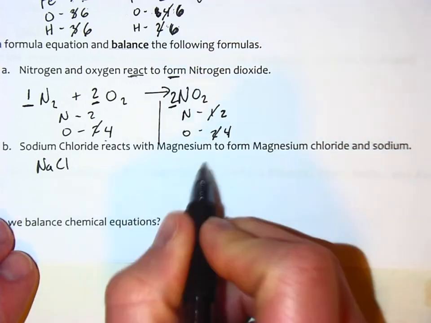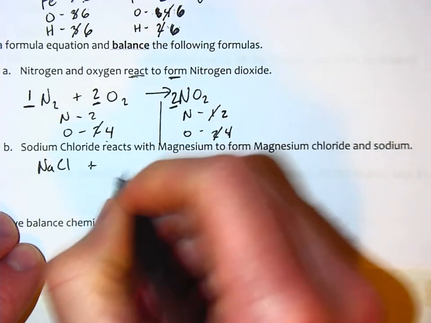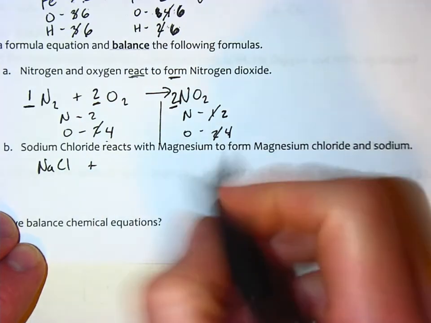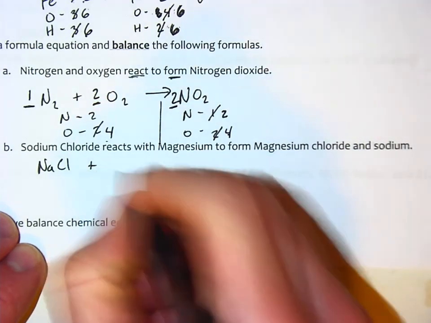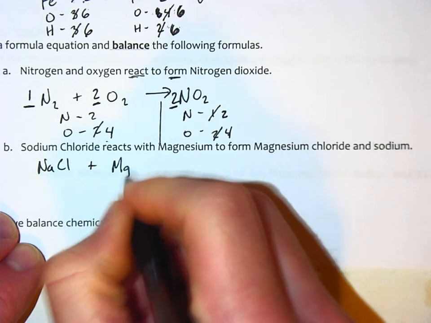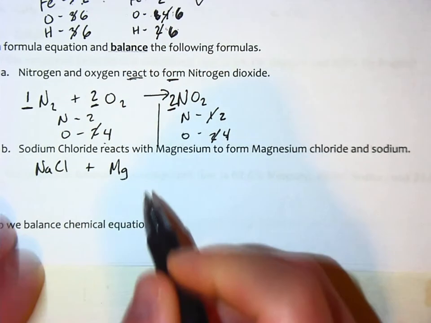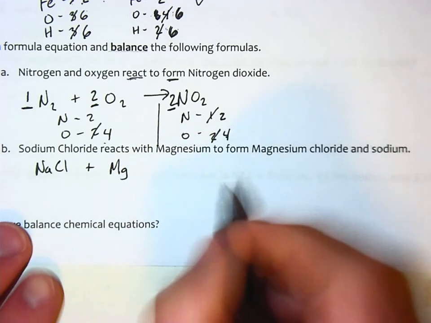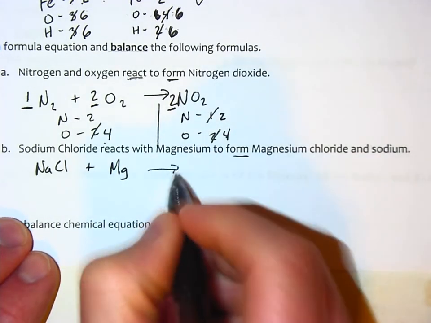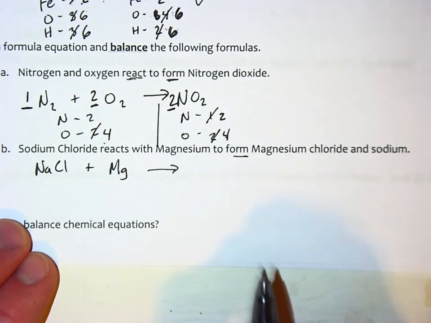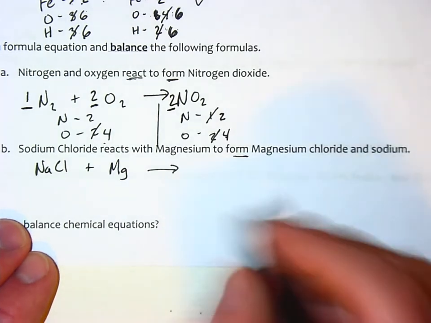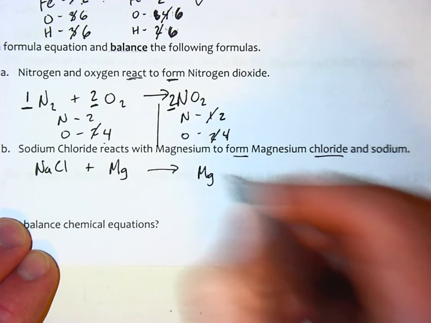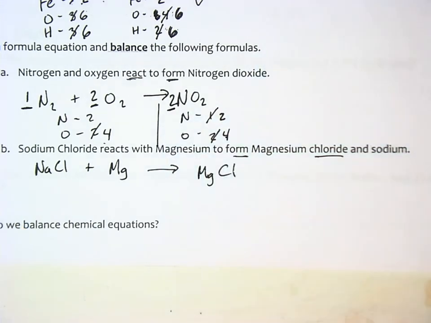Okay, with magnesium. Sodium chloride reacts with magnesium, which is Mg. Magnesium is not a diatomic molecule, so it can't exist by itself. So Mg to form, so it produces, magnesium chloride. So Mg, and then we know chloride is Cl.